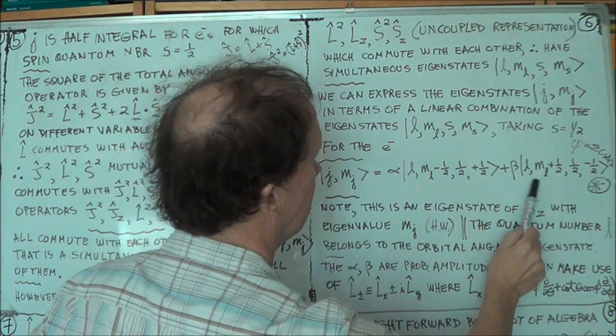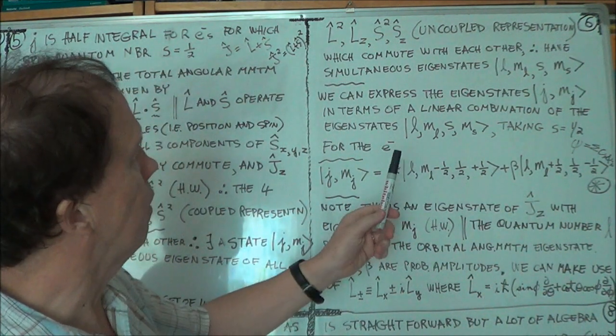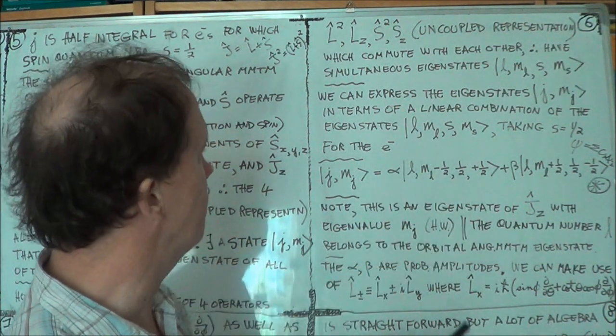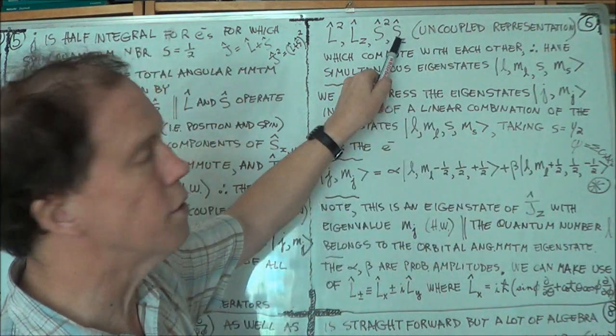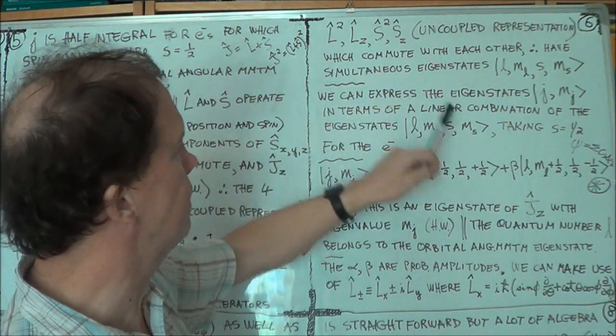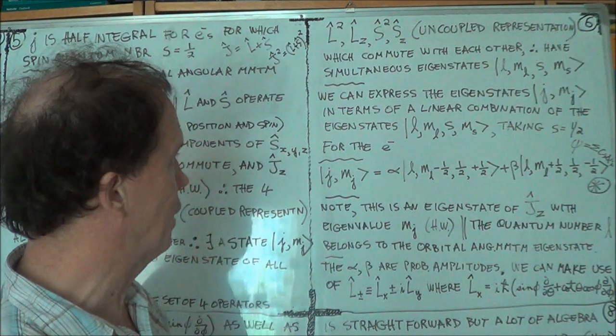And here are the eigenfunctions, they're these here, with actual numbers, because we're talking about letting S be a half, spin angular momentum, for the electron.